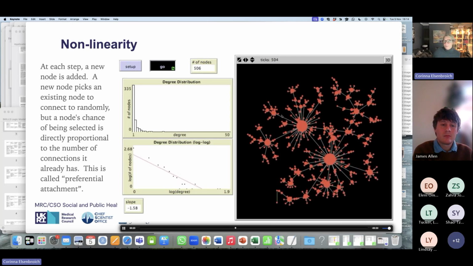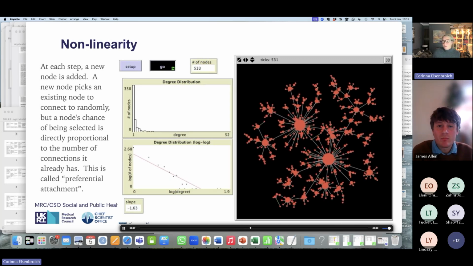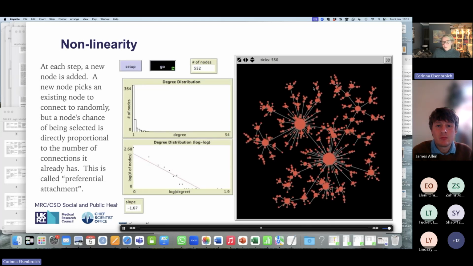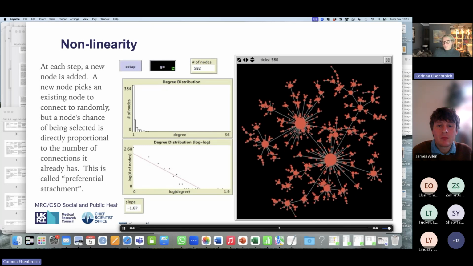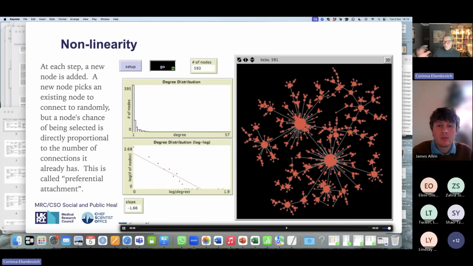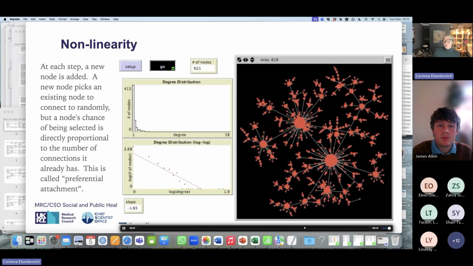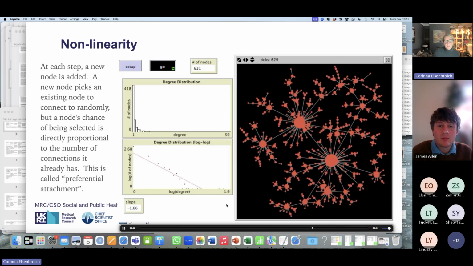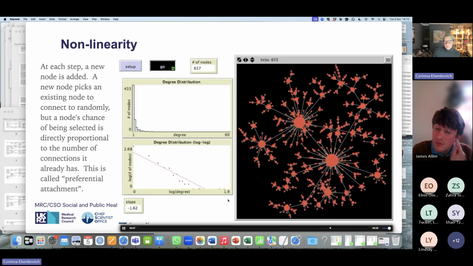For example, if you think about websites, my website is somewhere over here. Maybe if I'm lucky, one person links to it. But if you think about the BBC website or the Reuters website, they're connected to almost everybody. Lots of people link back to the BBC News website, for example. So you're getting these power law distributions and nonlinearity.